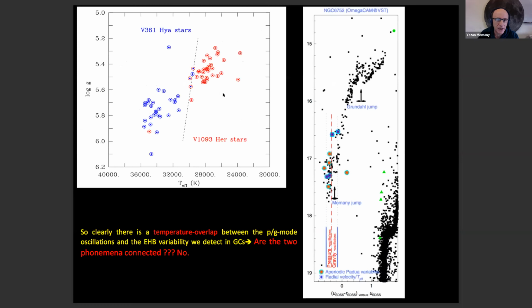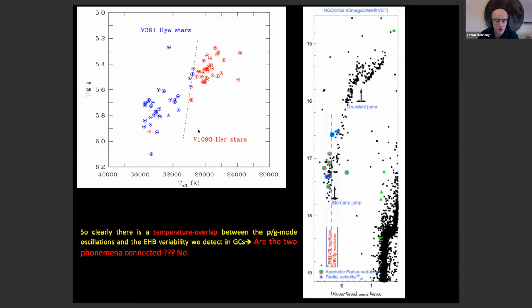And in temperature, since we are dealing with EHB stars from 20,000 degrees to around 36,000, we are basically overlapping with them. So it is legitimate to ask if our variables are basically pulsators.